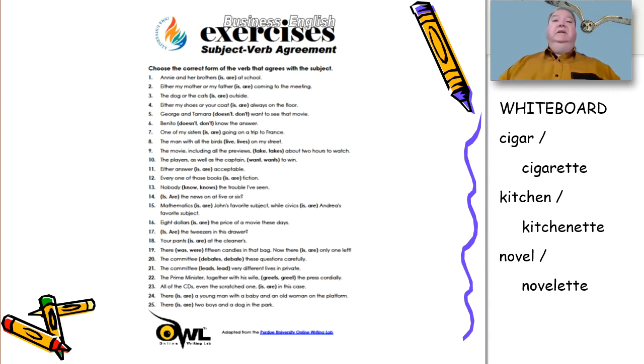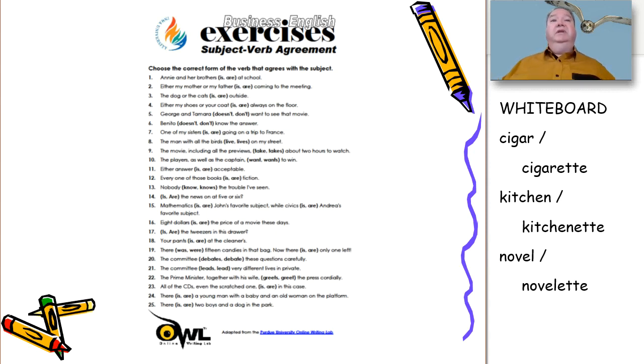Subject-verb agreement is a very common, very basic grammar point, but it's also a very difficult grammar point for some people. And it's an area where a lot of people make mistakes. There are a lot of common errors that people make in this.